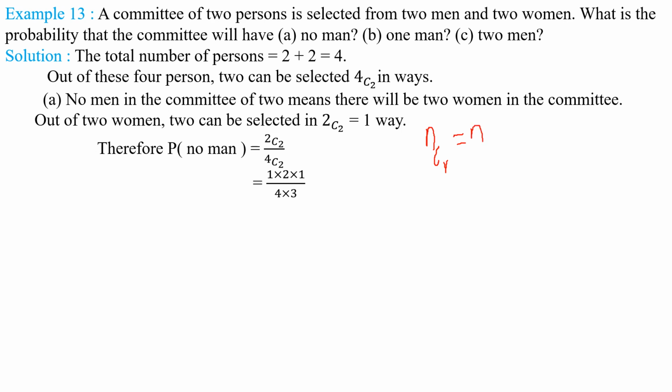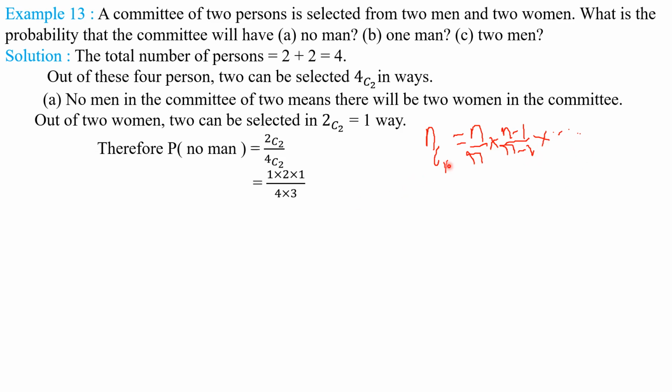NCR is equal to n by r into n minus 1 by r minus 1 into n minus 2 by r minus 2 and so on.